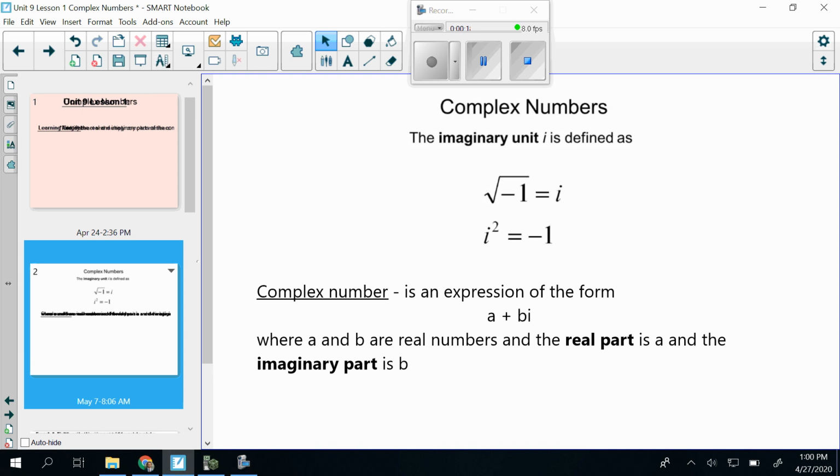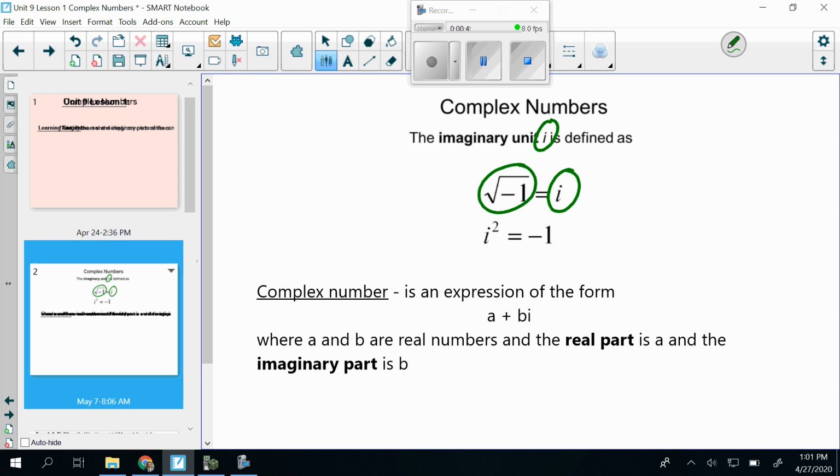The imaginary number i is the variable that math uses to identify the imaginary unit, defined as the square root of a negative. If you take the square root of -1, we know mathematically we can't take a square root of a negative, but we identify that as i.